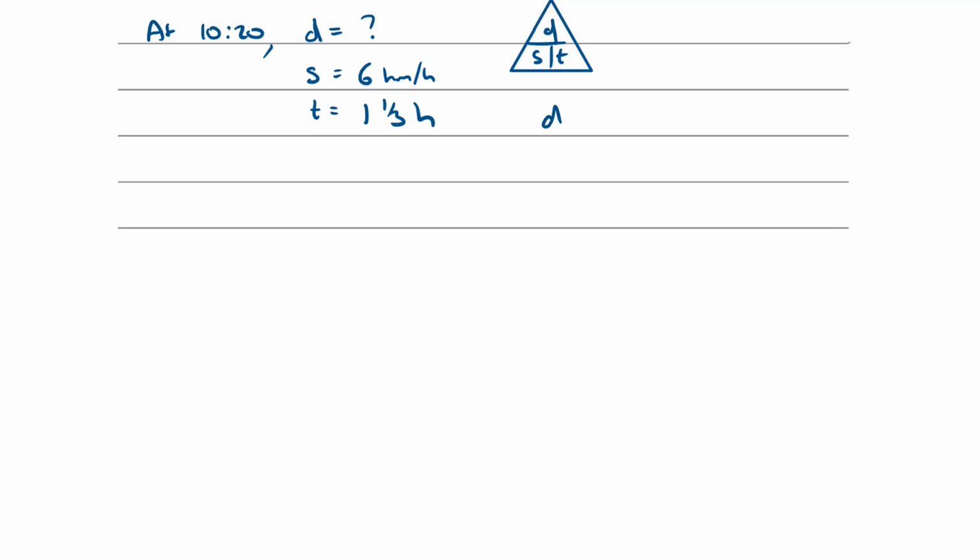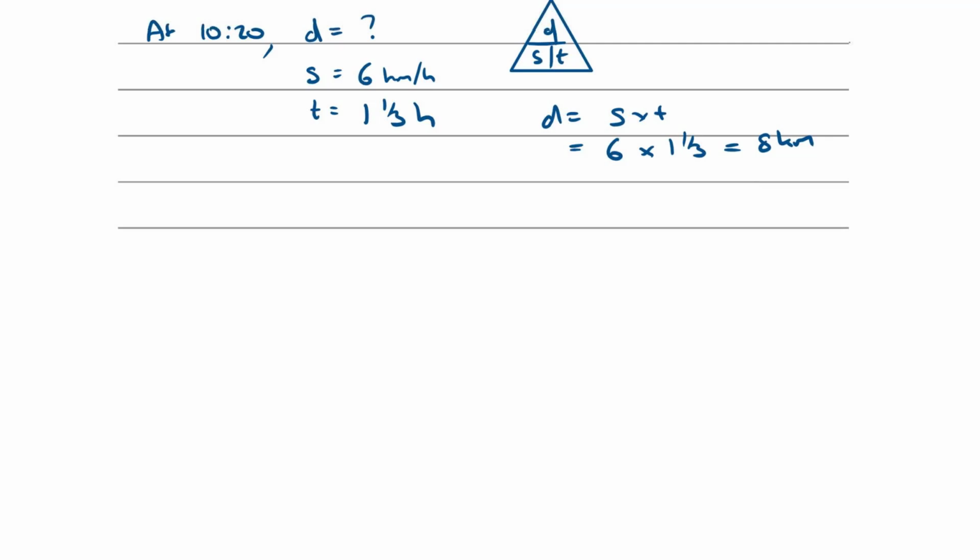So that's a speed of 6 kilometers an hour times time of 1 1/3 of an hour. So that's 1/3 of a 6, which is 8, isn't it? So that must have been 8 kilometers. So that D there is 8 kilometers. That is the point where Joe overtakes Priya at the 8 kilometer mark.